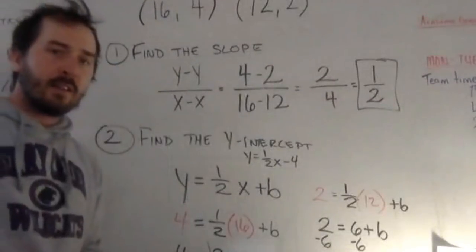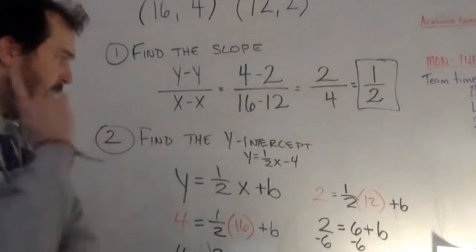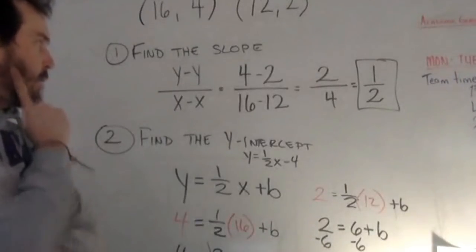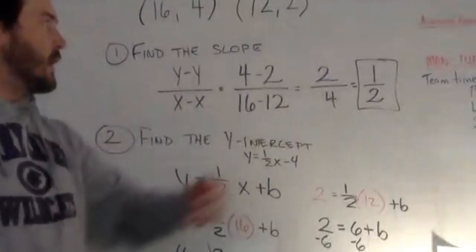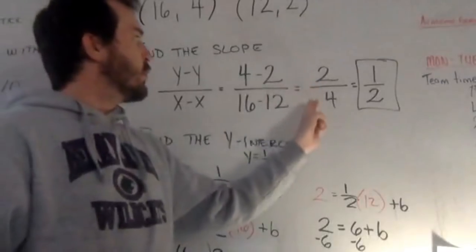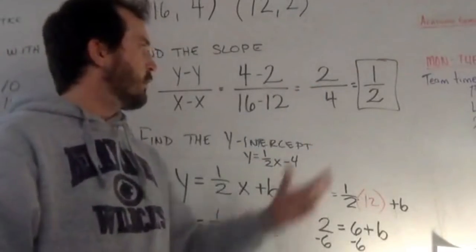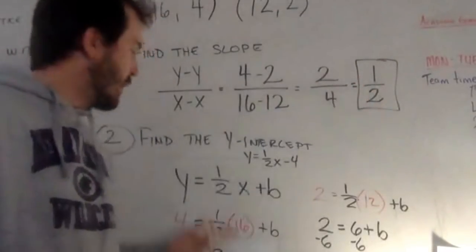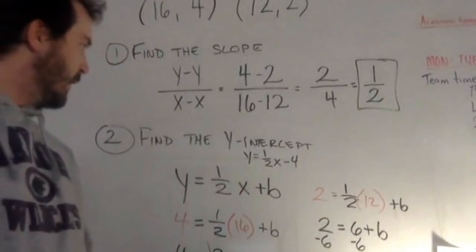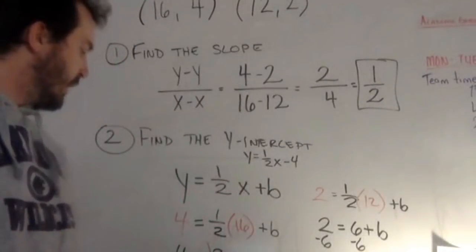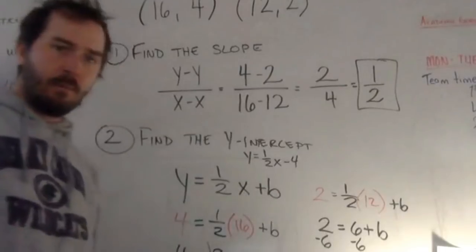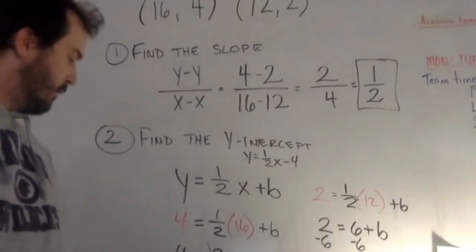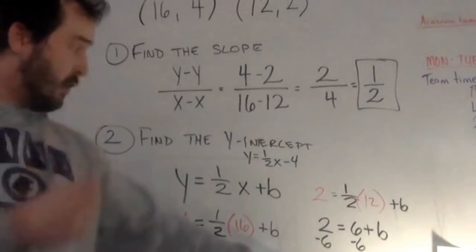The thing that's nice about this is if we messed up our slope, say we thought 2/4 was 2 instead of 1/2, then when we got to this step we would get a different answer for each of our b's. One could be -4, the other could be +4.